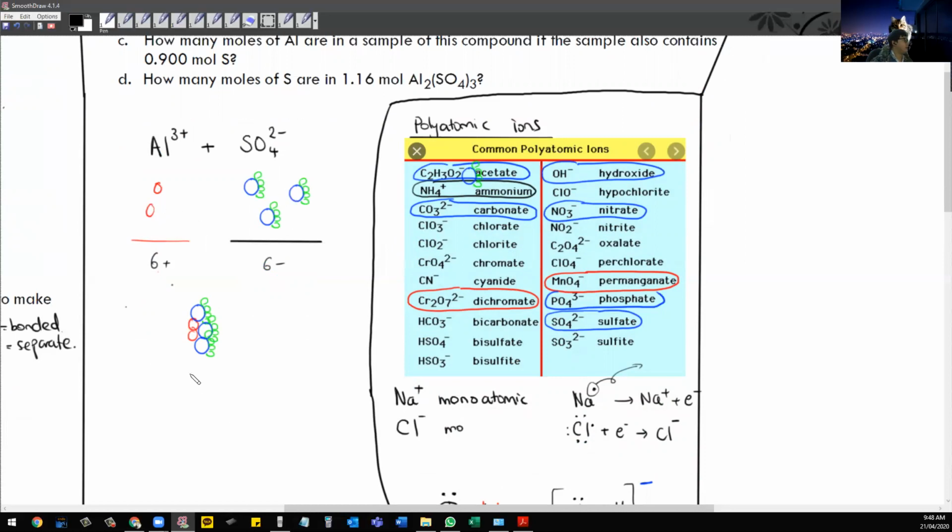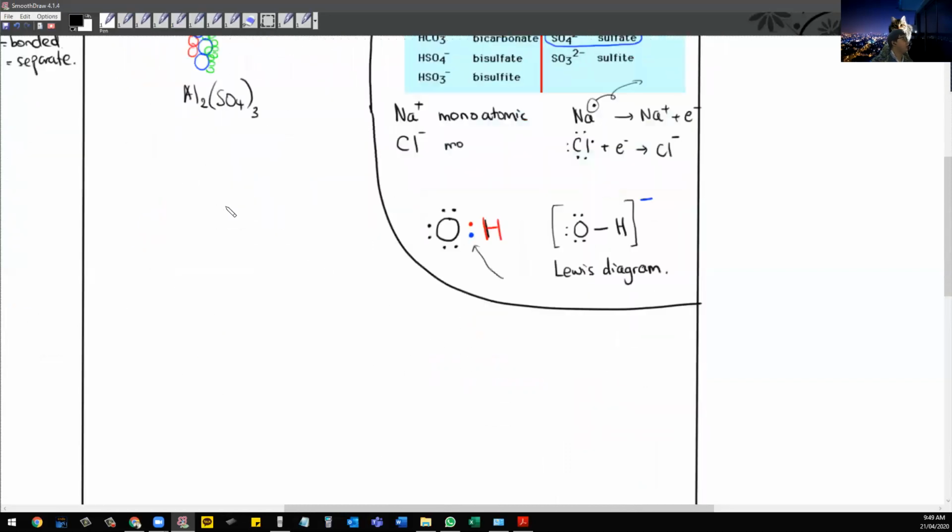So this is equal to Al2, and then SO4 is repeated 3 times, right? So we have SO4 repeated 3 times. And there's no need for any charge because these 2 cancel out to become 0. So this is neutral, okay? So that's the proper way of writing the decomposition of this stuff.